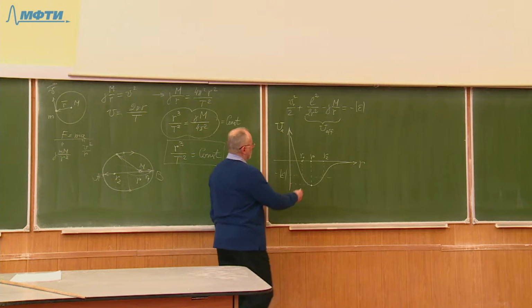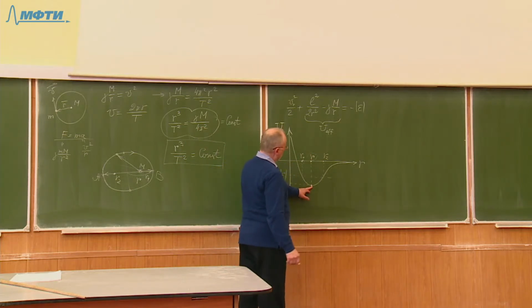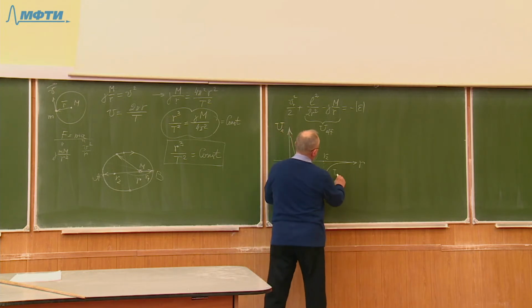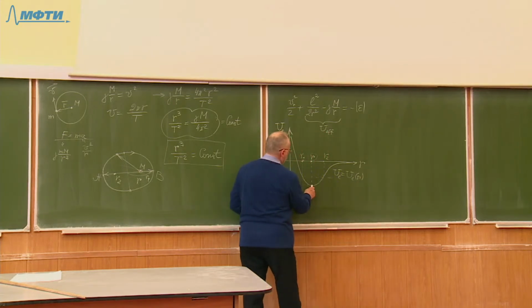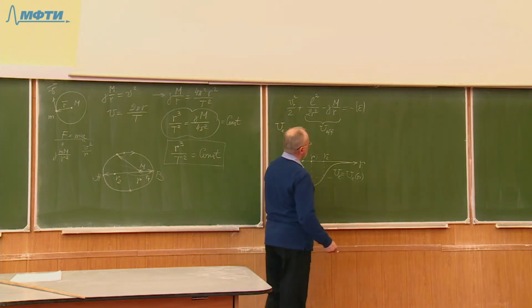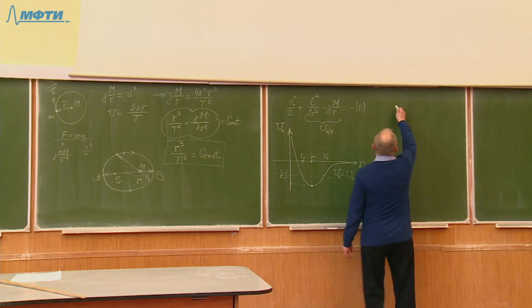So in order to find this quantity, we can take this function, effective potential, as a function of radius, and we can find the minimum of this function by taking a derivative in the usual way.